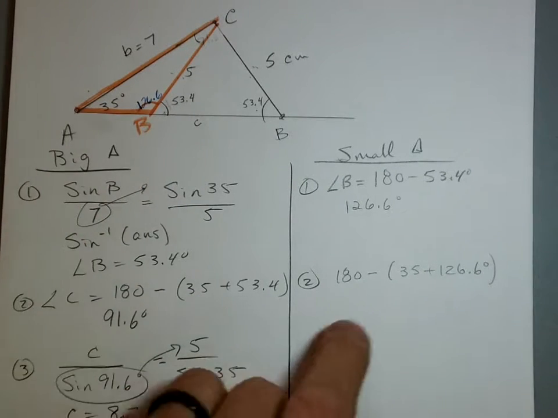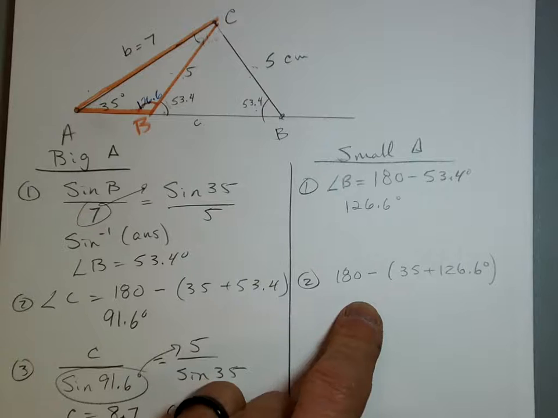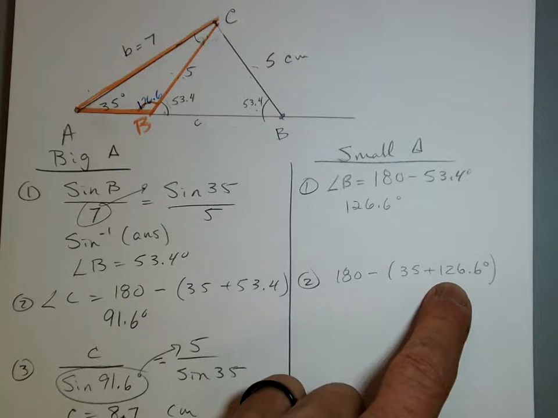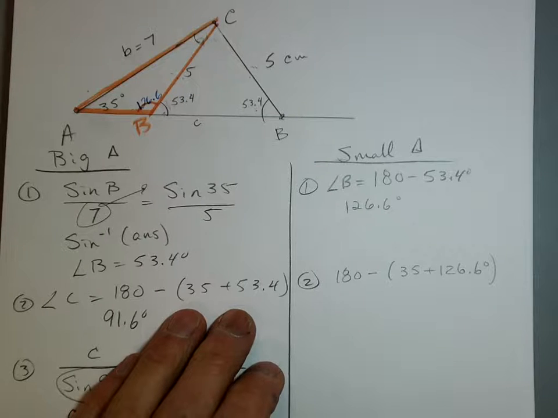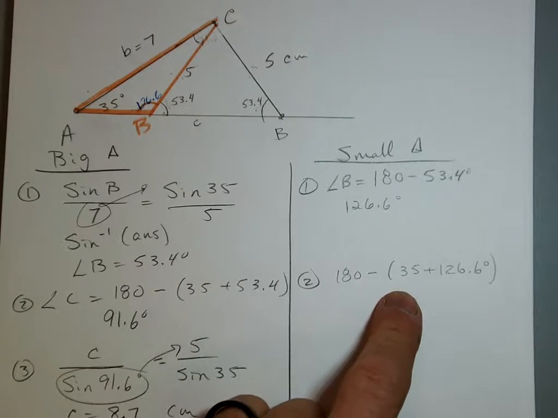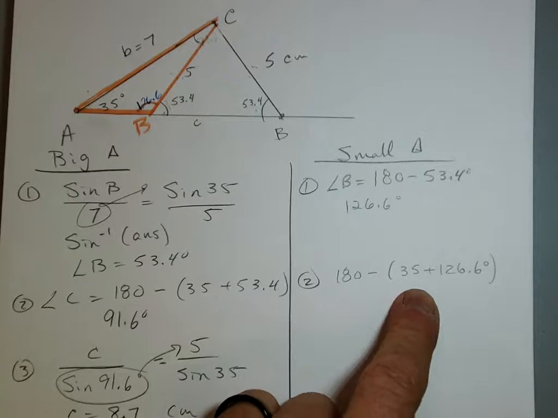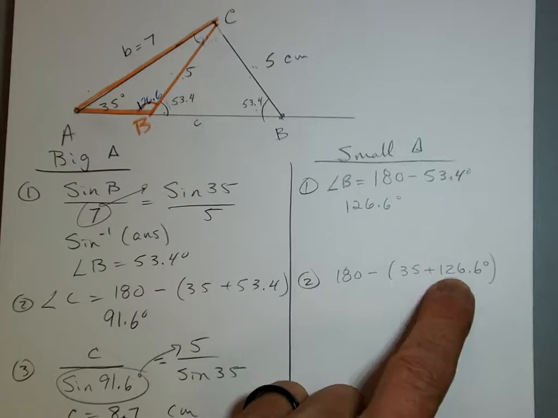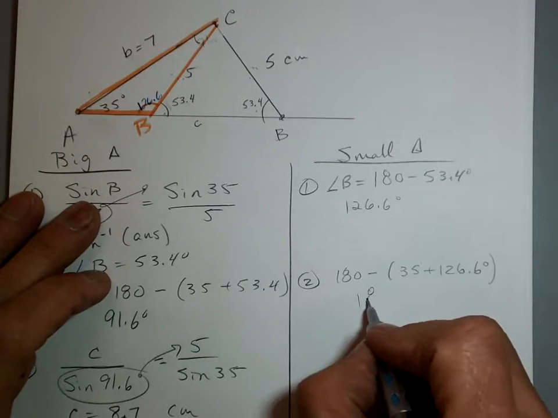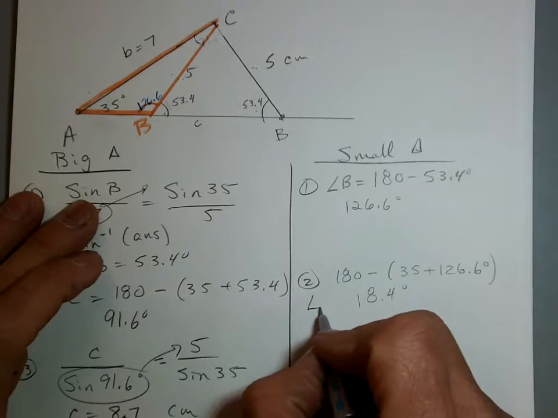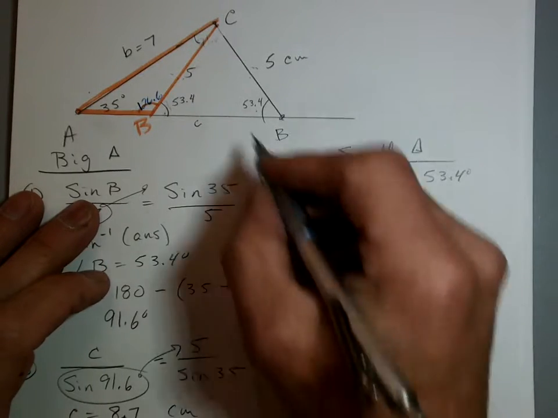Okay? 180 minus parentheses 35 plus 126.6, I get an answer of about 18.4. Okay, that is angle C.